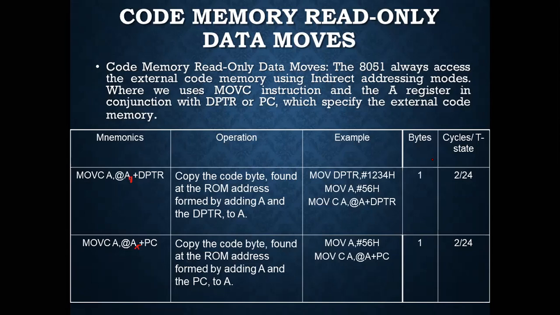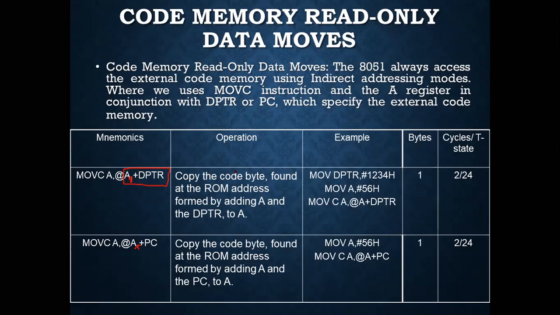This is the concept. Understood or not? Please tell me, otherwise I cannot know whether you have got it or not. Please repeat once again. Now simply look at this A plus DPTR. Whatever the value of A and whatever the value of DPTR, they will be added up.